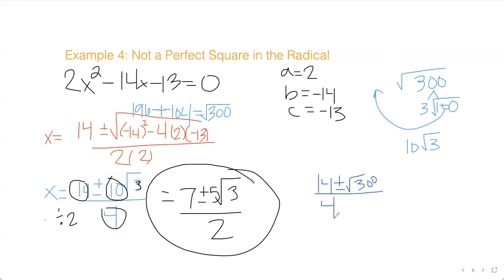And what you could do is take the square root of 300 and then solve it from there. I'm not going to go through it right now, but I just wanted to show you that if they did ask you for the decimal answer, you could do that. And then you could split it up into 2 problems and actually find 2 whole numbers. I'm not going to have you worry about that right now. I want you to just focus on the square roots, but we will get to that later.